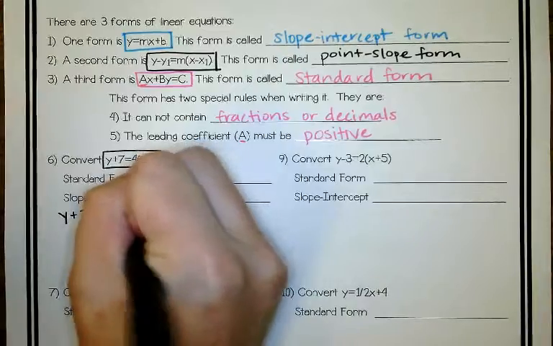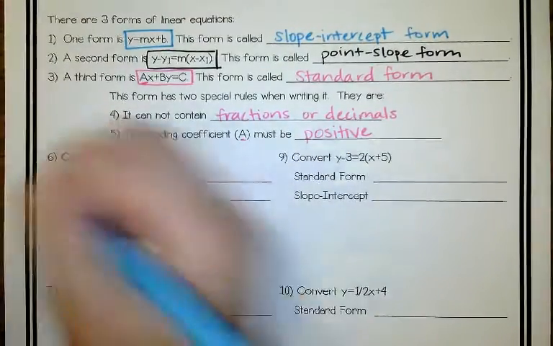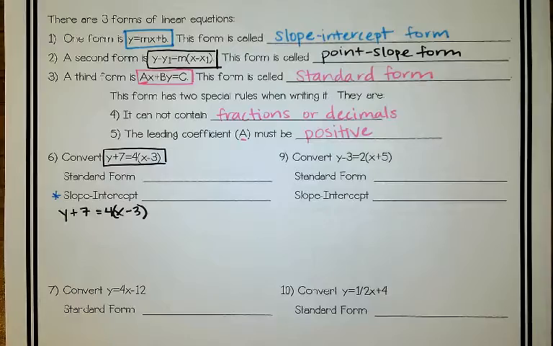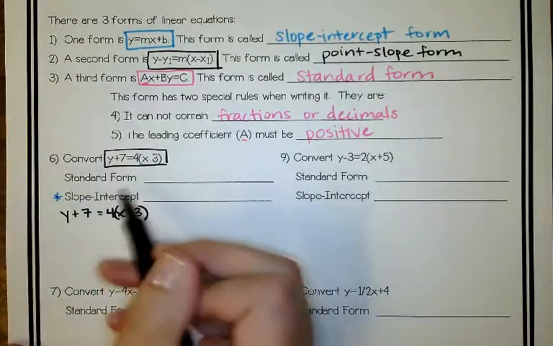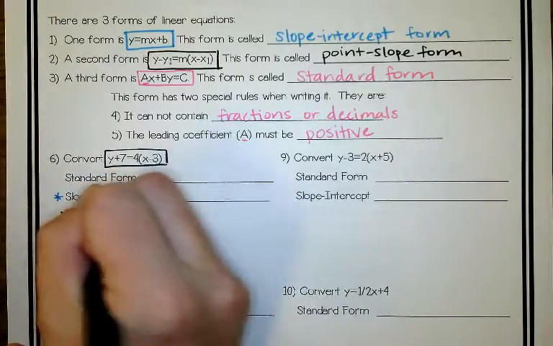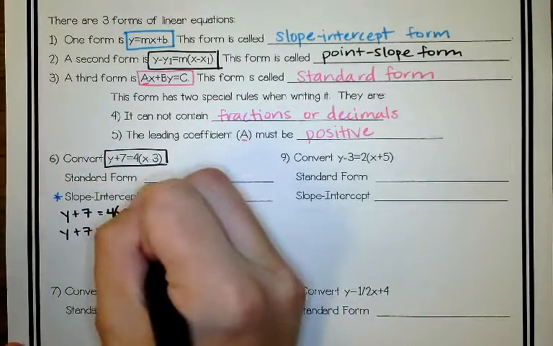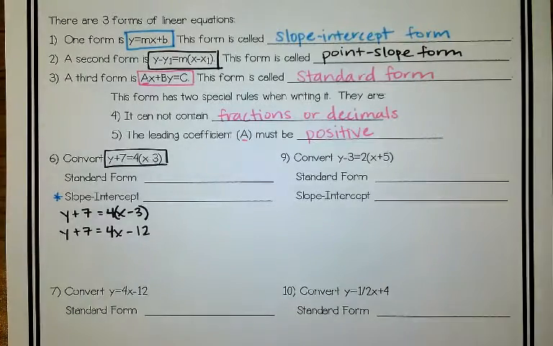All right, so we're going to take point slope form, and we are first going to convert it into slope-intercept. So how we're going to do that is we need to distribute that 4. So it's going to become y plus 7 equals 4x minus 12, right? Because 4 times x is 4x, and 4 times negative 3 is negative 12.